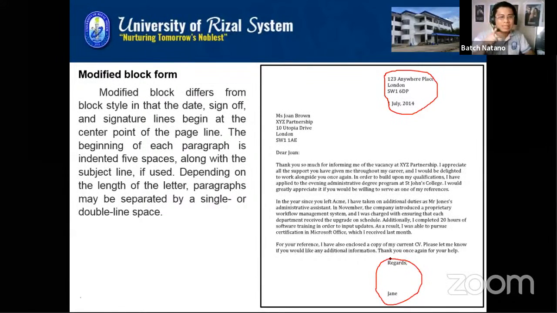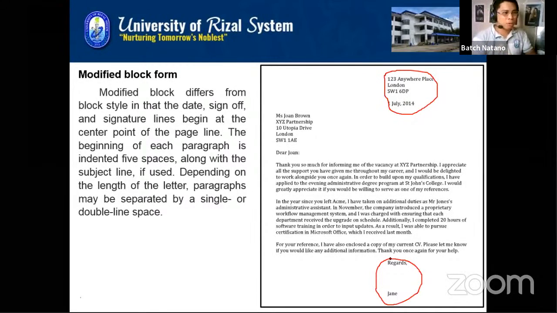This is one thing that you really need to remember: wherever the heading or the date line is, the complimentary close and the signature always follow. So let's say, for example, your heading and your date are on the right margin, therefore the complimentary close and the signature are also on the right side, or the right margin.